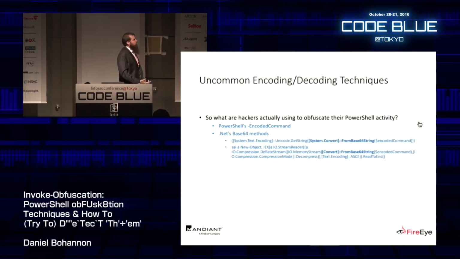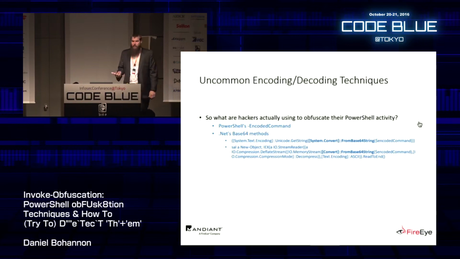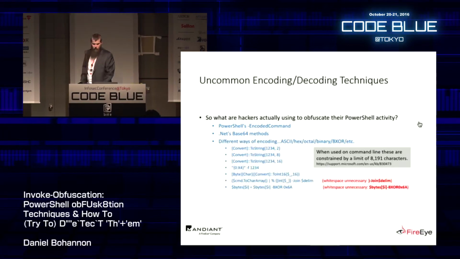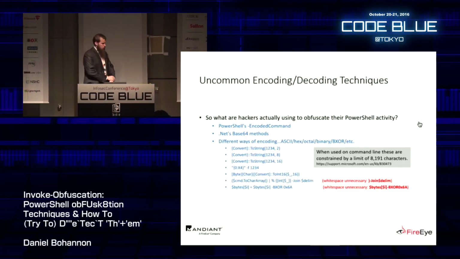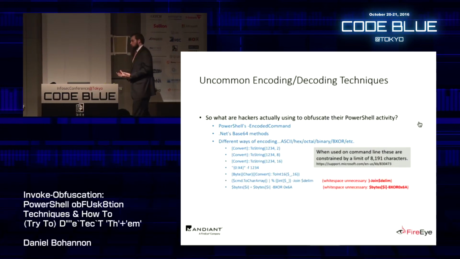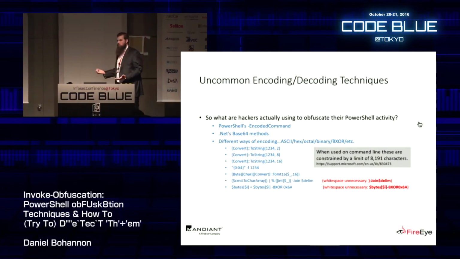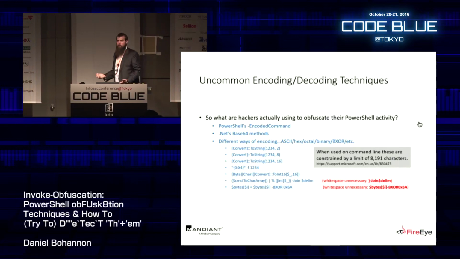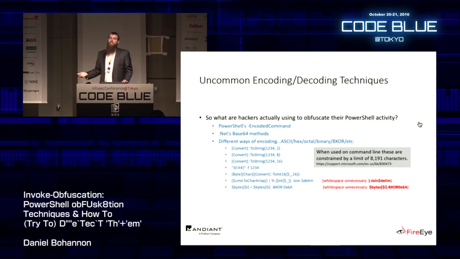So you can also do base 64 encoding and decoding with .NET. Some different things. Bitwise XOR, the Cobalt Strike framework uses this. I've also been exploring, what about ASCII or hex, octal, binary? These are things that I've not seen attackers use before, but they work.